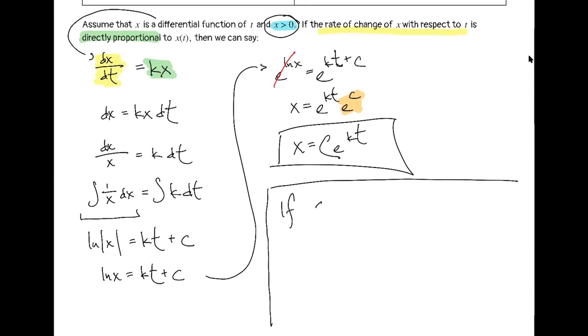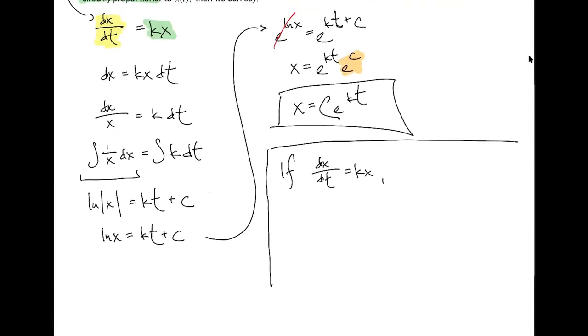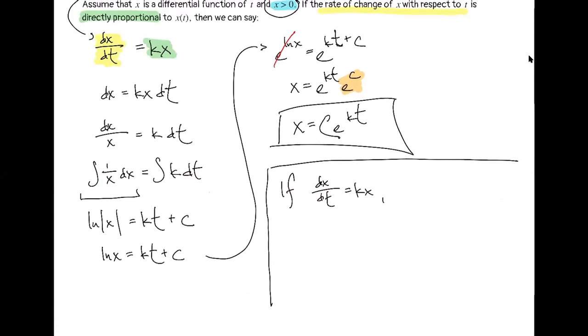If dx/dt equals kx, so if we have our initial differential equation as just something that is directly proportional, like a kx, then we know that x equals ce to the kt.